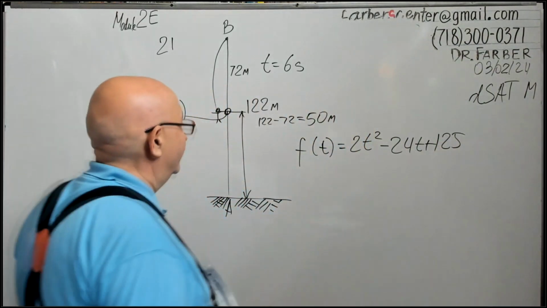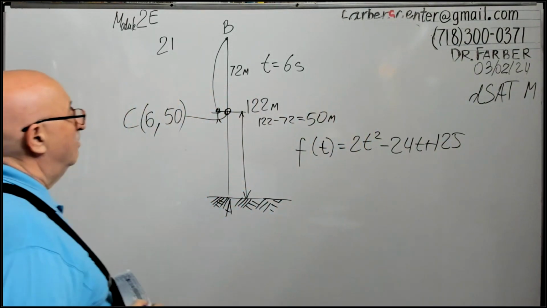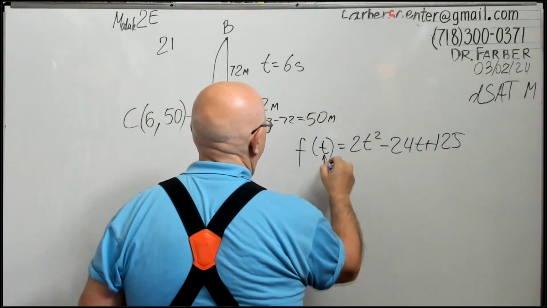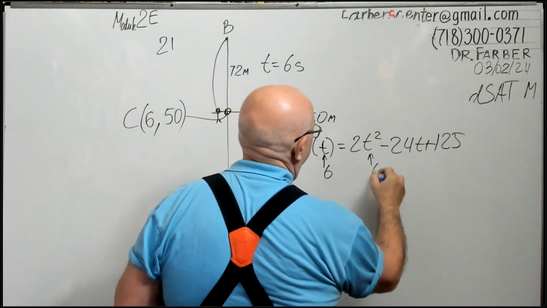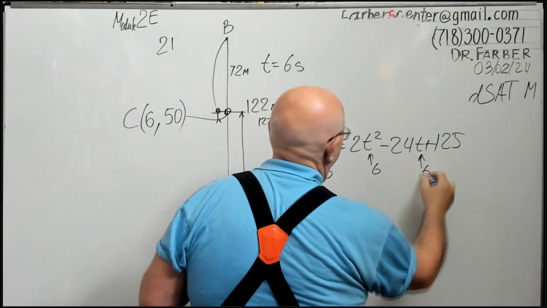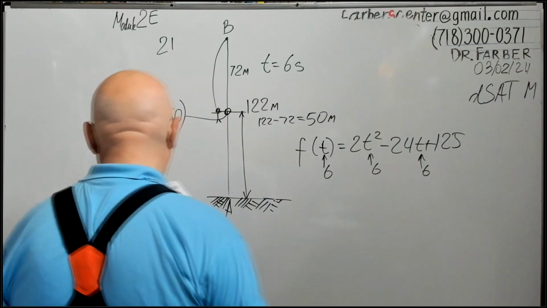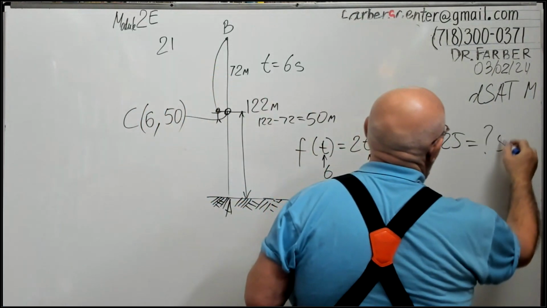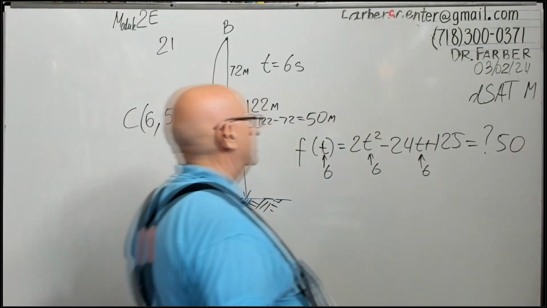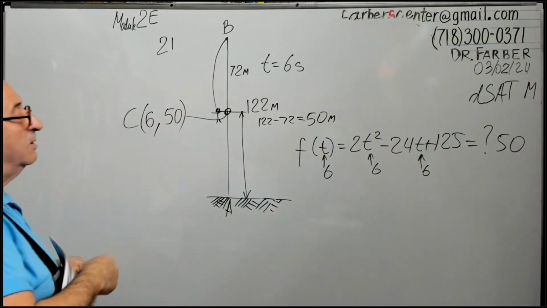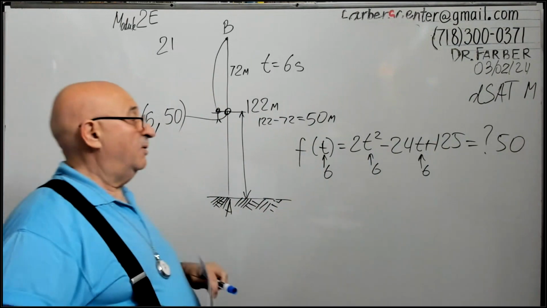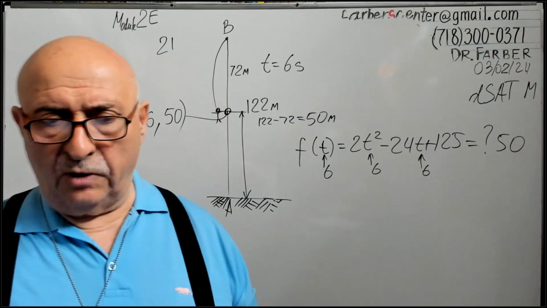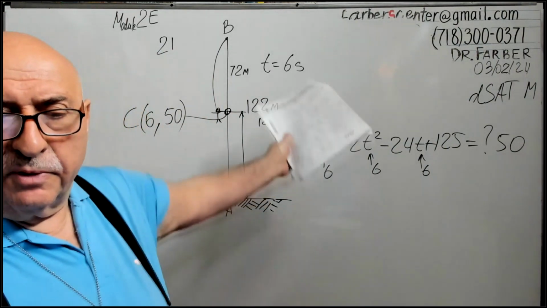If this is the equation, and you plug in t equals 6, what do you have here? 6? Yes, 6. And you have to check, is it equal to 50? If it's equal, yes, it satisfies this one. That's how we check it. I check 50 equals 50. Understand this 100%. Don't forget to switch coordinates from the ground, not from the top of this cliff.